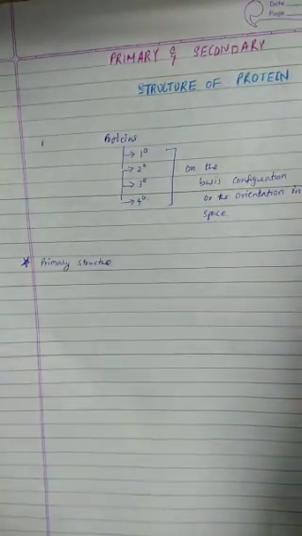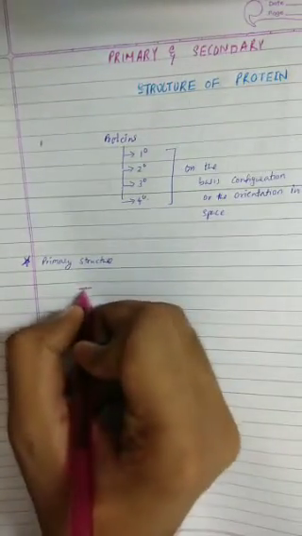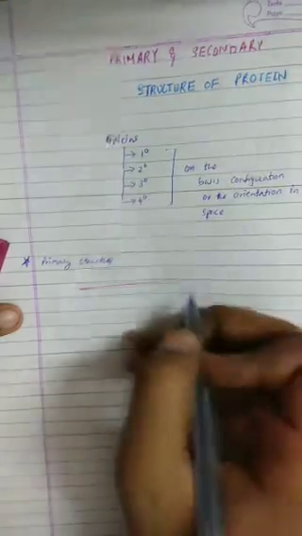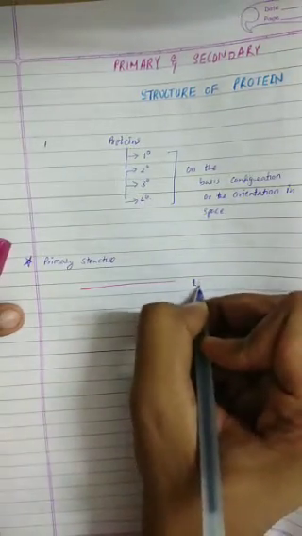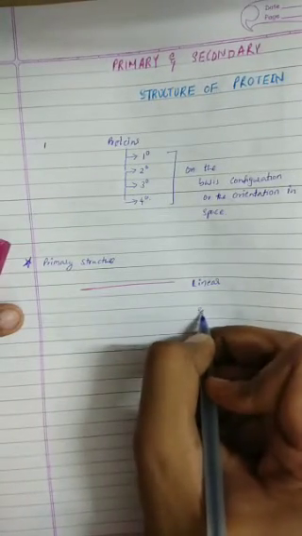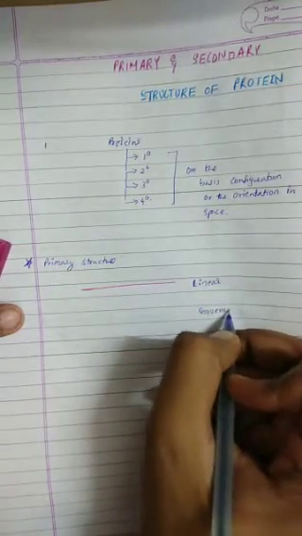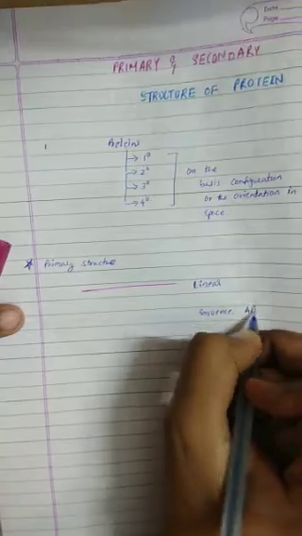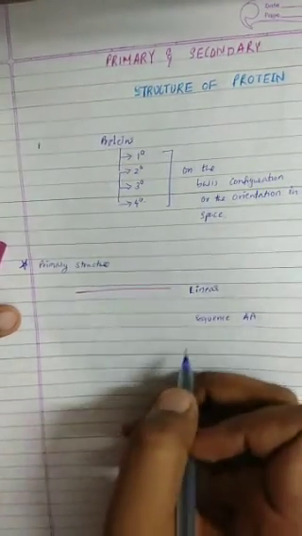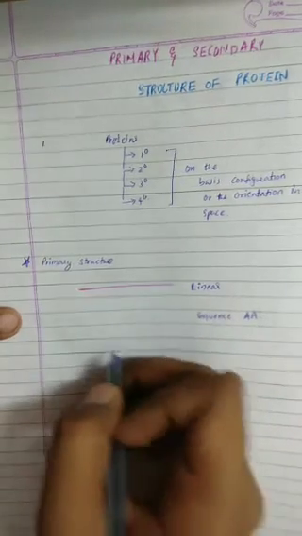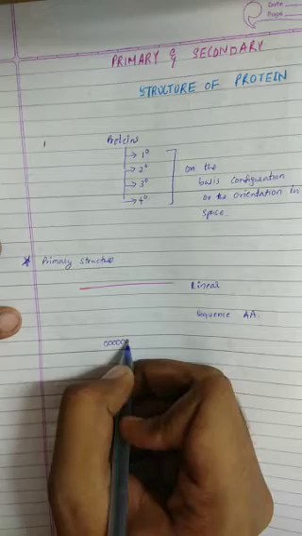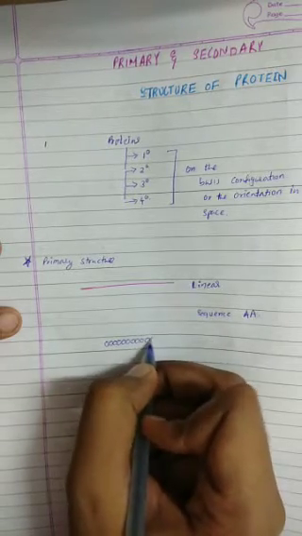The primary structure of the protein is a linear structure. It is a linear structure, and it is a sequence of amino acids. One amino acid is attached to another amino acid and forms a long chain in space.